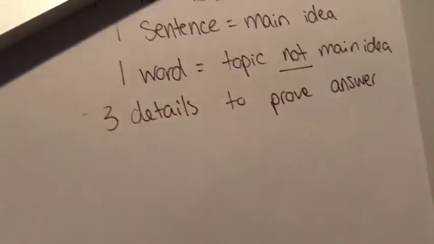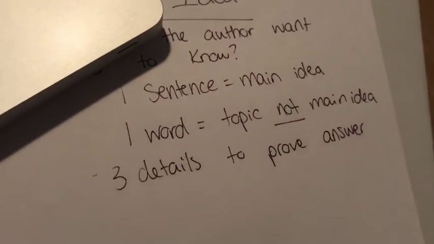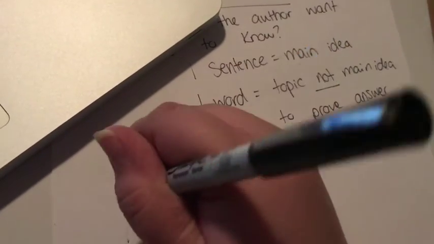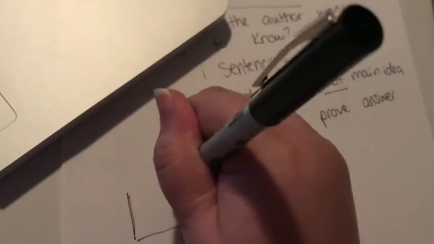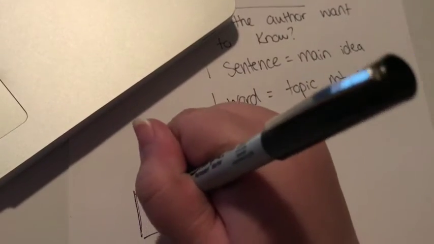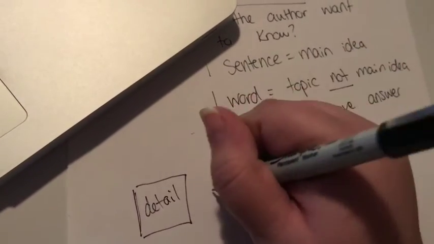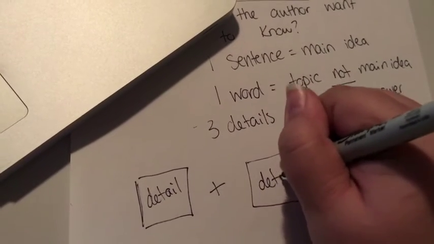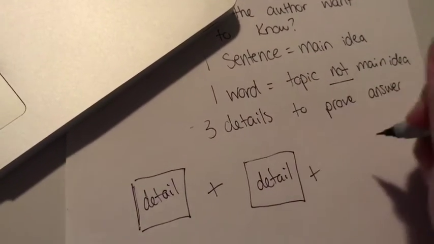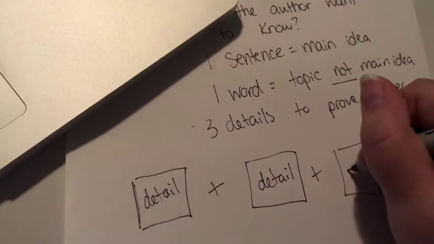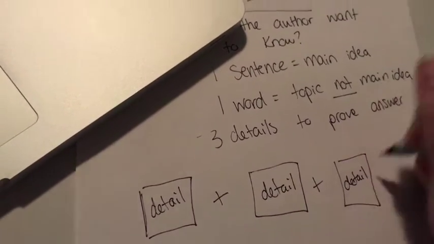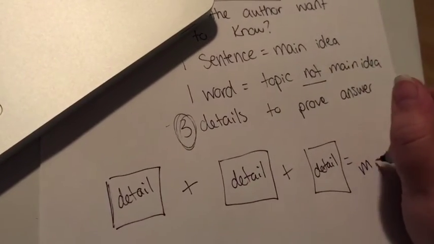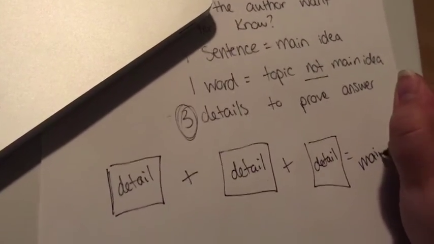So the easiest way I can show you this, guys, is to think of main idea as a math problem. How you're going to do it is you have one detail plus another detail plus a third detail, because we always need 3. Remember, 3 is our magic number, equals your main idea.